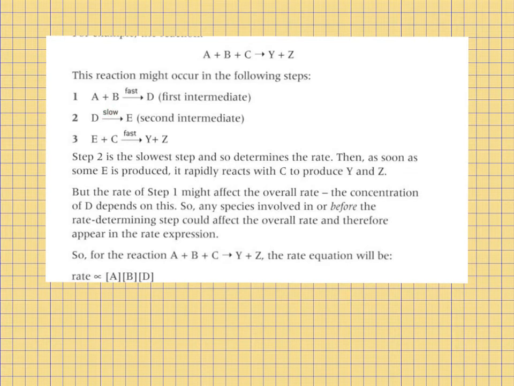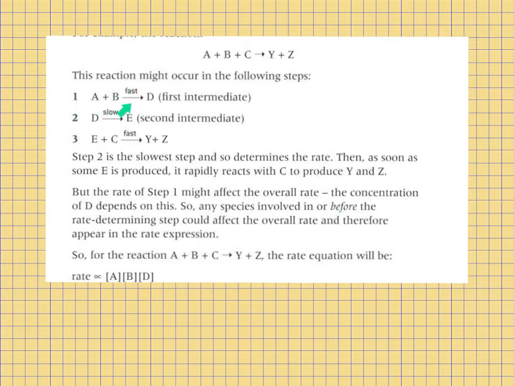The rate determining step doesn't always have to be the first step in the reaction. So it's important to note that any species involved in or before the rate determining step can affect the overall rate.